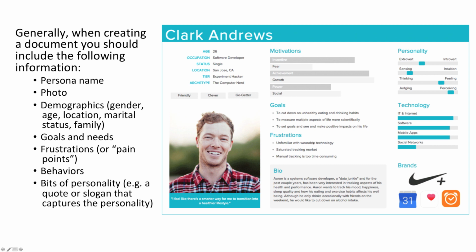He's trying to do research, but there's so much out there. How can he find what he's looking for? He doesn't have a lot of time. He's a pretty bright guy. He's kind of a techie guy, so he could pick up on it, but we still need to make it approachable. So Clark wants to track his mood, happiness, sleep quality. And now I can start to think about all the things that I need to build into this product to really meet my persona.